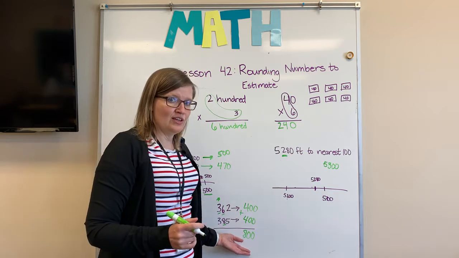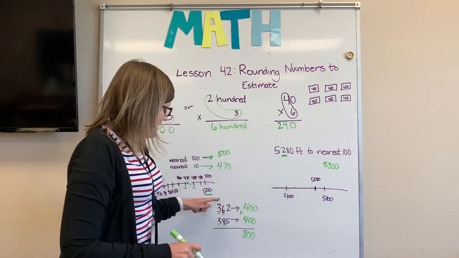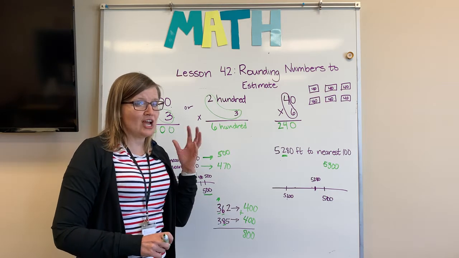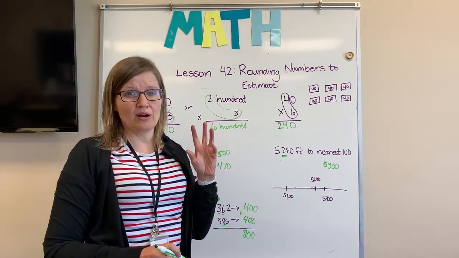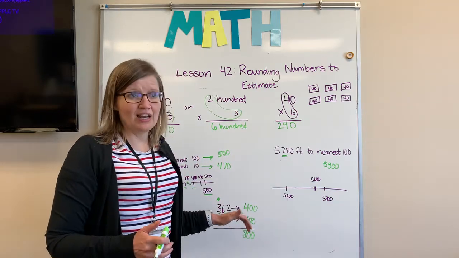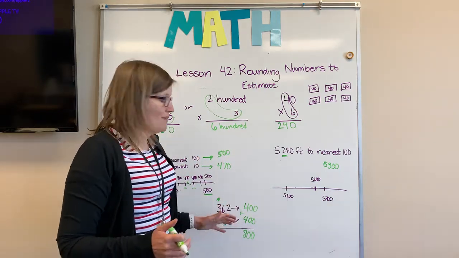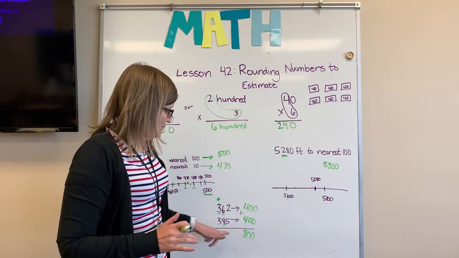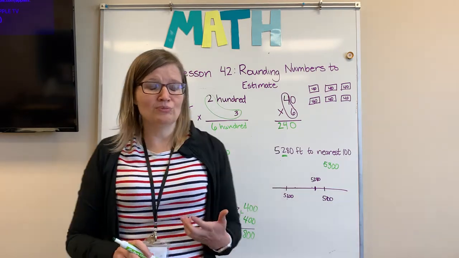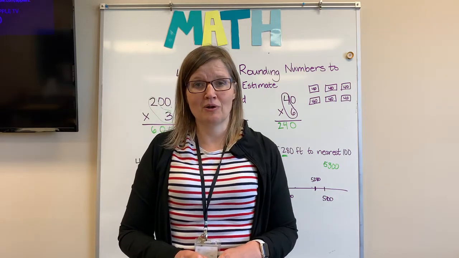I also use this when I am actually adding these numbers up and I want to check and make sure I'm in the right ballpark. Sometimes I will get adding and I'll forget to do something and my answer won't be near this number. And that tells me that I need to look back at my math work.